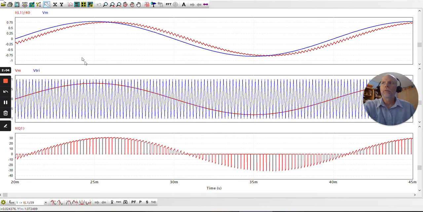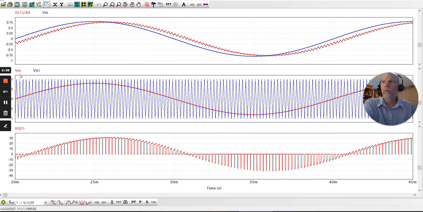So in the results, on the top screen the red is the load current, switching at a low frequency so we can see the switching events a little more clearly. The blue is the modulating, or in other words, the control signal. I've scaled the load current so it's about the same amplitude, so you can see a little bit of phase shift from the resistive inductive nature of the load.